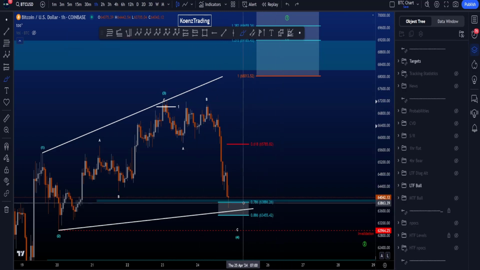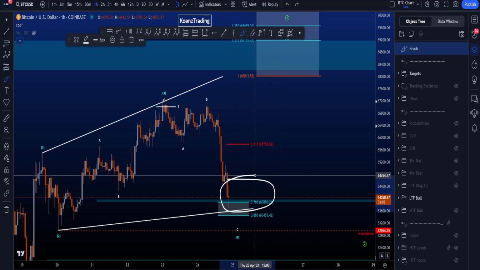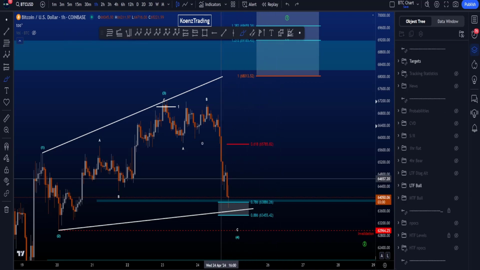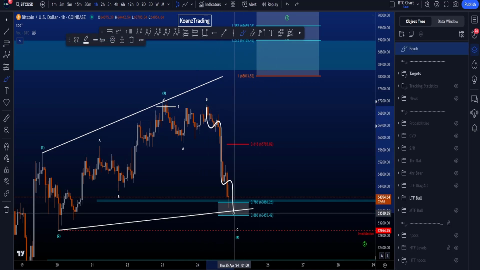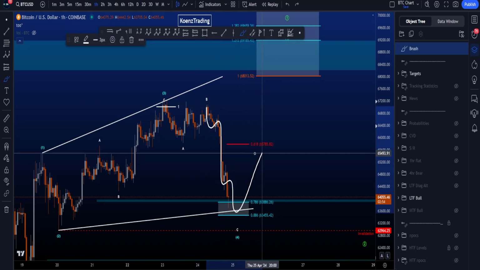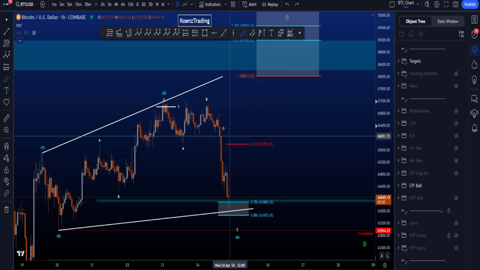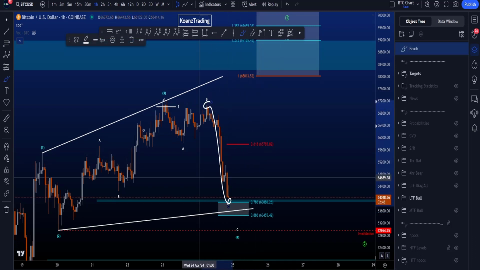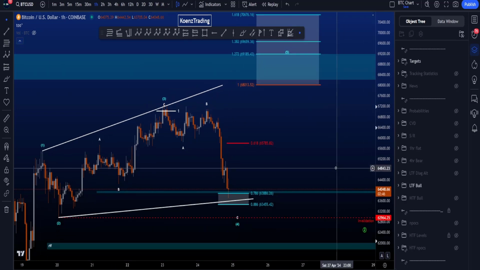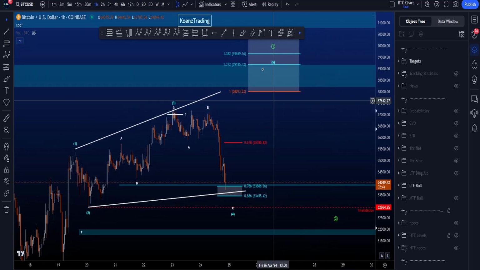But in this scenario, we don't actually want to have that sideways range and another drop, as then we're counting this as an impulse. Instead, we like to count a 5-wave structure to the downside and then move back up to the 0.618, hitting 65.7k taken from the high to the low that we have at the moment, to invalidate an impulse to the downside, as an impulse will be more bearish.